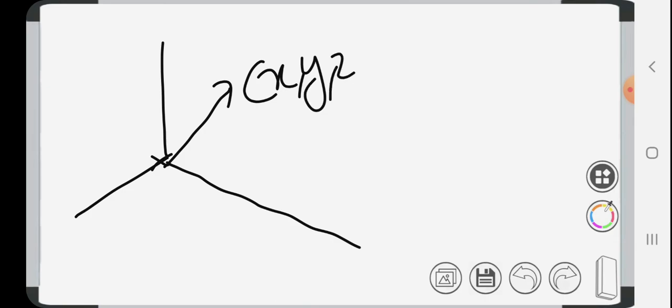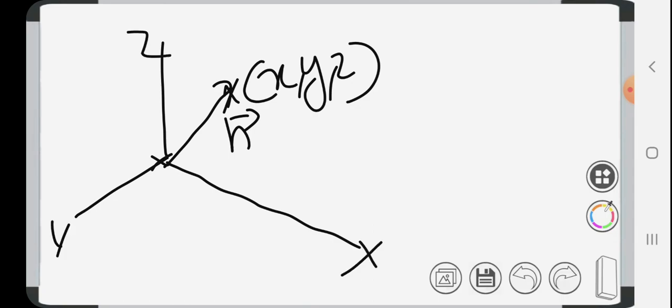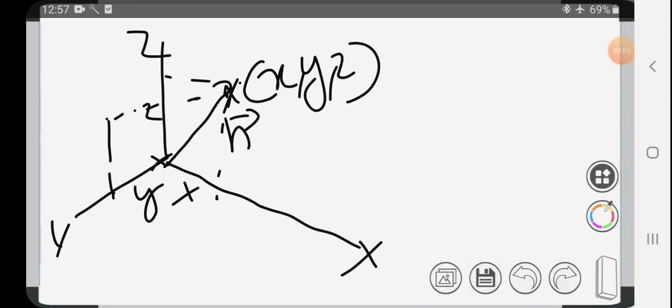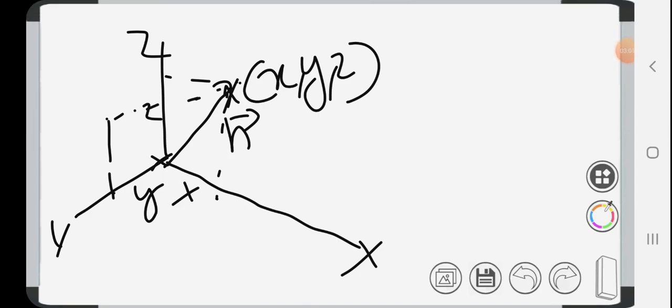The particular point is x, y, z, meaning this is x, this is z, and this is y. So these coordinates are known, right?